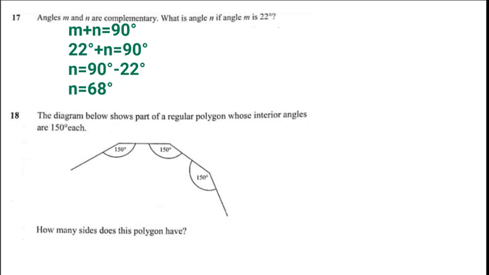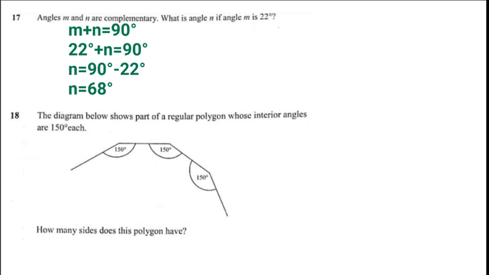Okay. Now let's go to question 18. The diagram below shows part of a regular polygon whose interior angles are 150 degrees each. So you can see a part of the regular polygon here, and the interior angles are 150 degrees each.